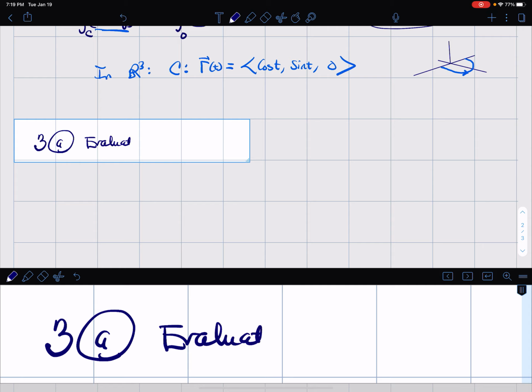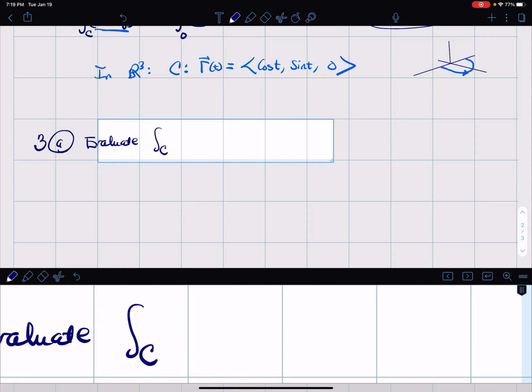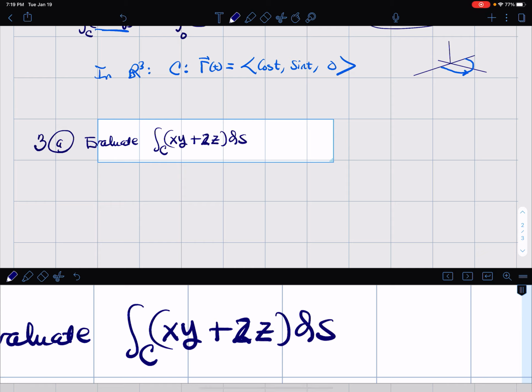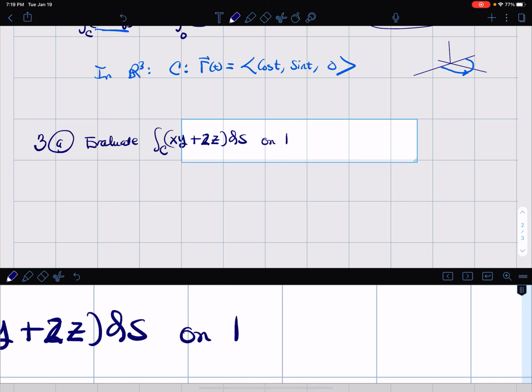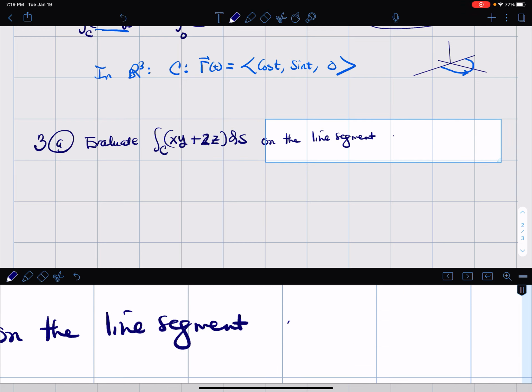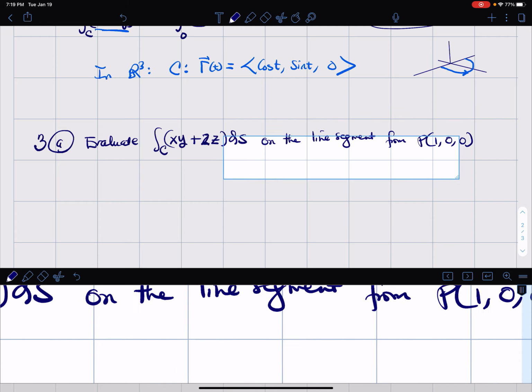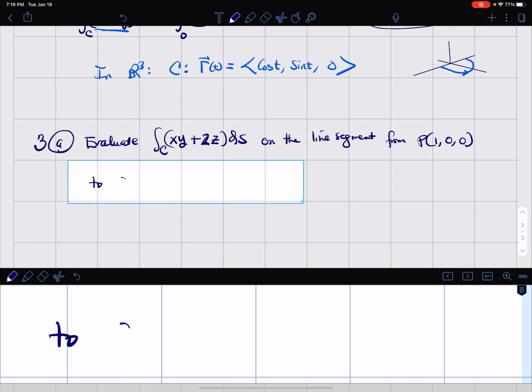Let's evaluate the integral of xy plus 2z ds. So that's the line integral, and it's on the line segment that goes from P, 1, 0, 0 to Q, 0, 1, 1.